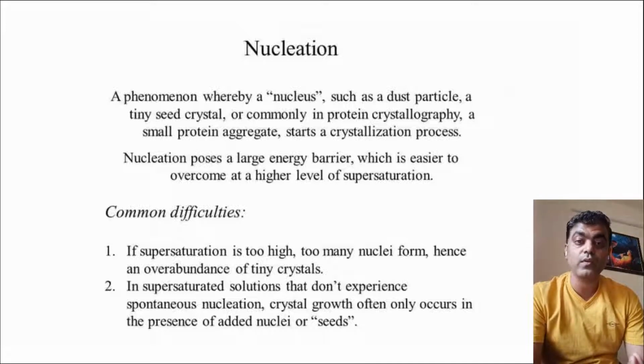So the crystal structure will not be homogeneous, and then it will not be suitable for your X-ray diffraction studies. So it is very important that your concentration in the supersaturation state should be optimum, so that the nuclei, the small nucleated tiny crystals, have enough space and they can grow uniformly.